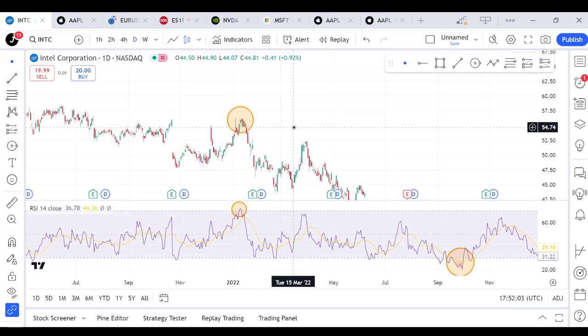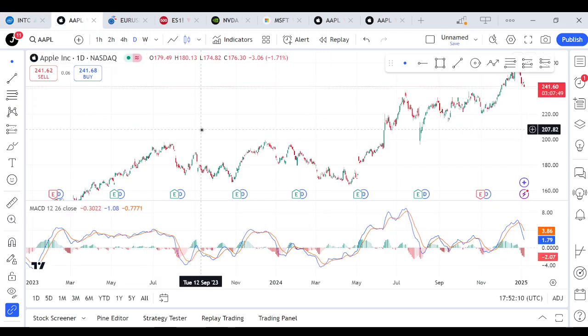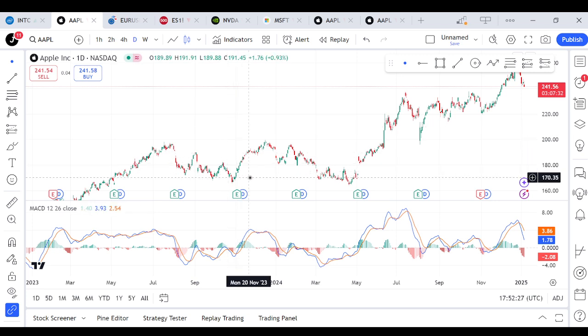So the next is the MACD, which is the moving average convergence divergence. This is another example of a momentum indicator. So the MACD consists of two moving averages and a histogram. It helps identify trend direction and momentum strength. So the MACD line is the difference between a fast and slow moving average.